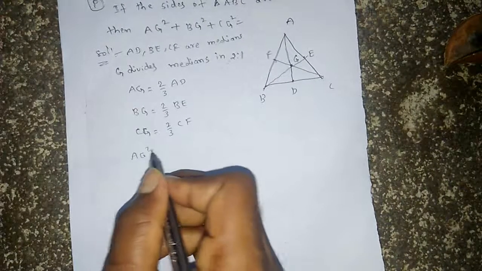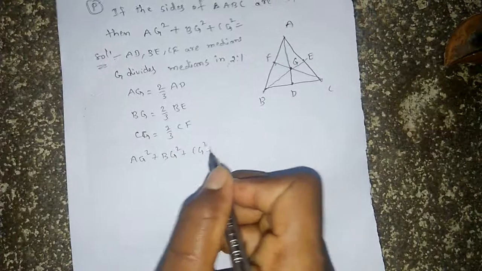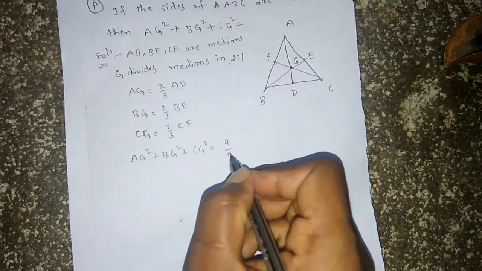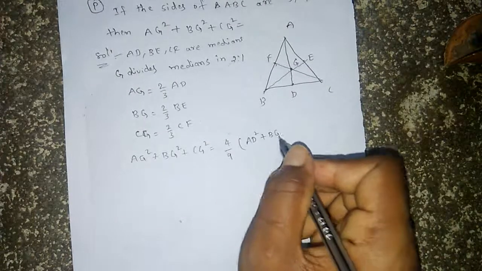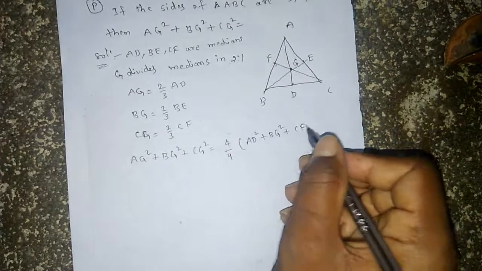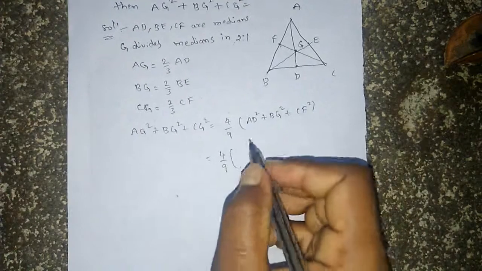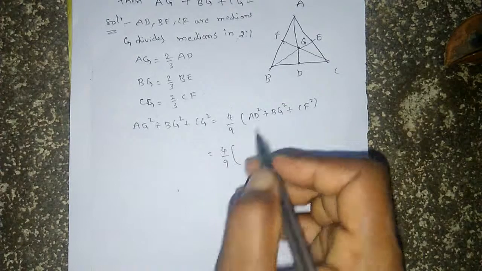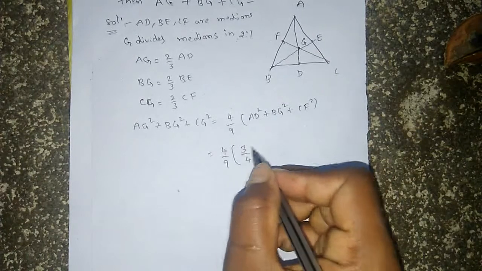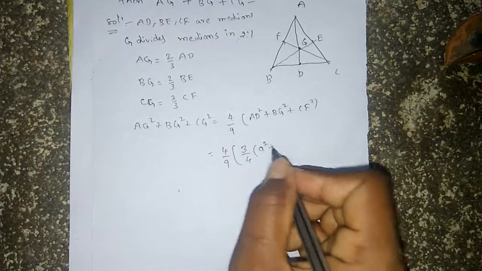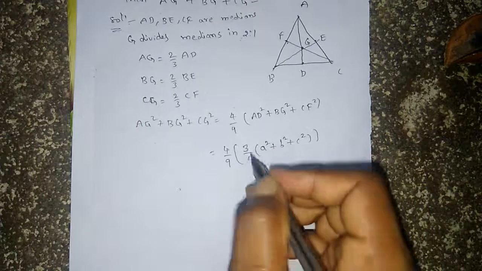Now AG square plus BG square plus CG square is equal to 4 by 9 of AD square plus BE square plus CF square. Now the sum of squares of medians is 3 by 4 of a square plus b square plus c square. In the earlier problems we reduced this.